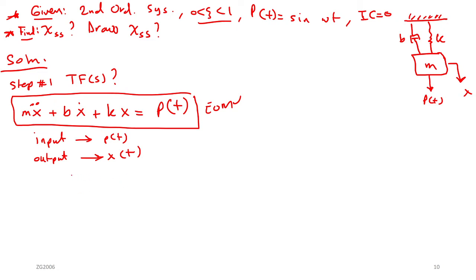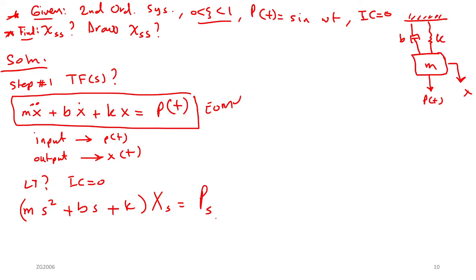So take the Laplace transform, assuming 0 initial conditions. This will be (m s squared plus b s plus k) multiplied by X of s equal P of s.